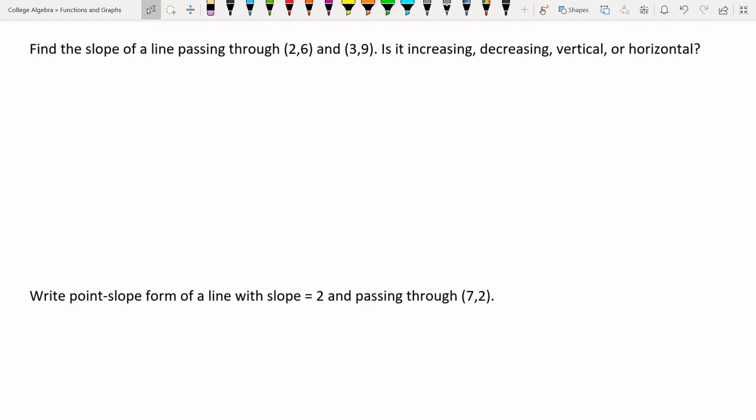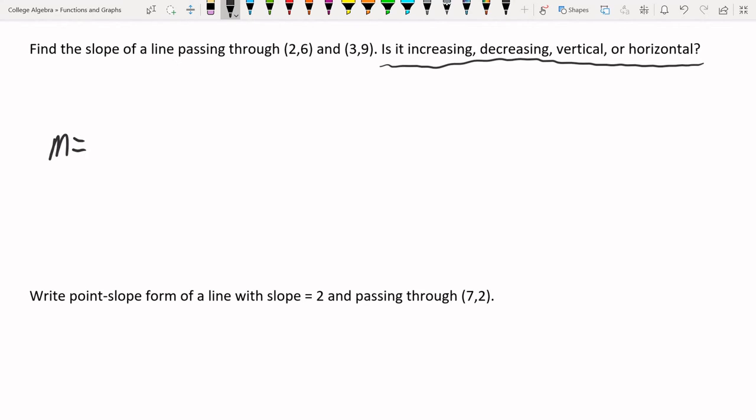The graphical representation finds this part of the question quite easily because you can see if the line goes up, goes down, stays flat, or goes straight up. But the algebraic form gives you the exact answer for the slope, whereas with the graphical, the geometric form, it's a little bit harder to find the slope.